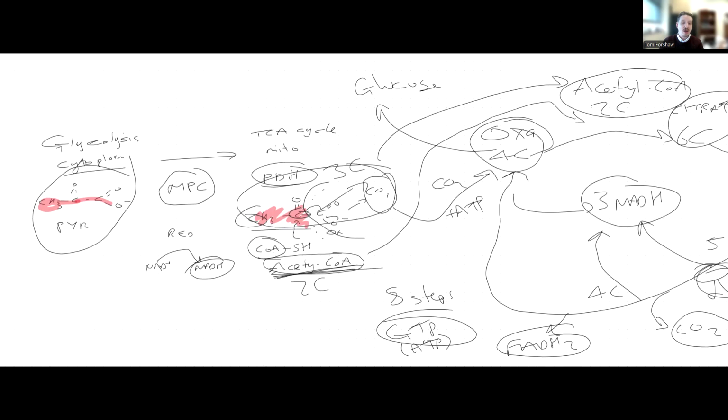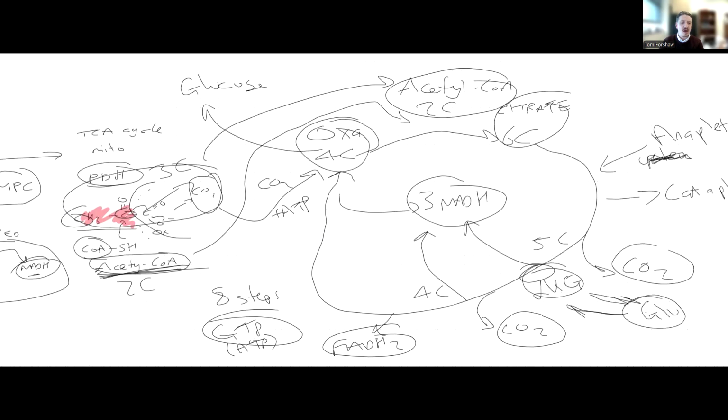And that's an oxidation that is coupled to the reduction of NAD to NADH that can enter into oxidative phosphorylation. And that 2-carbon acetyl-CoA can enter the TCA cycle, where it condenses with, and I specifically use the word condense, condenses with oxaloacetate, which is a 4-carbon metabolite.